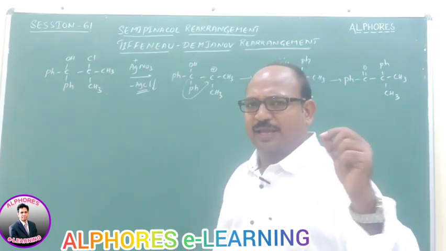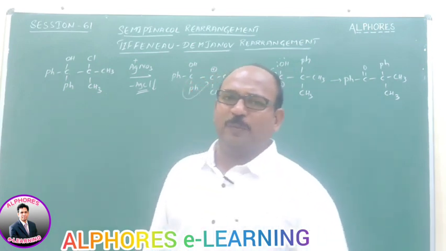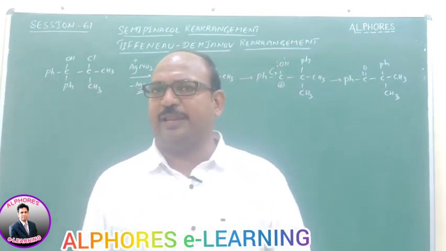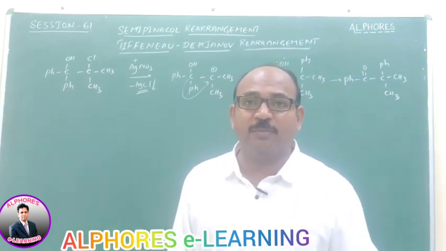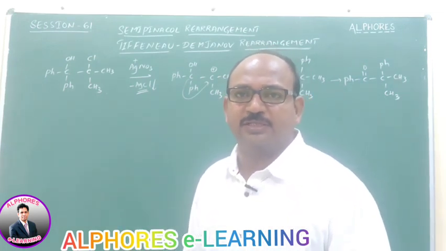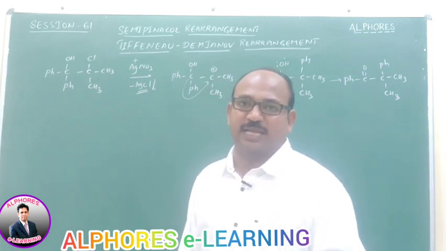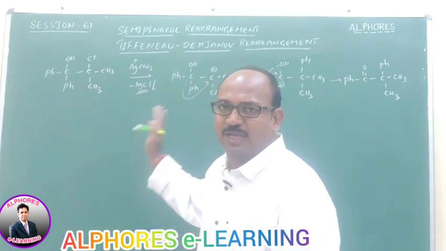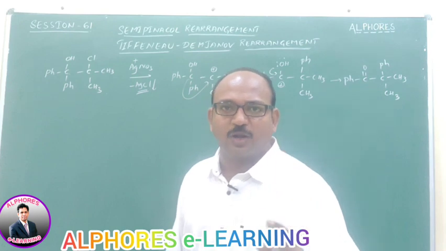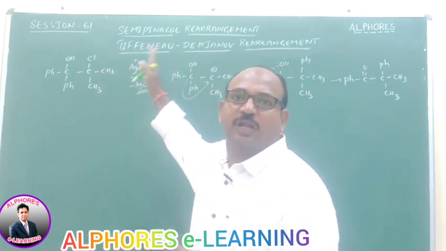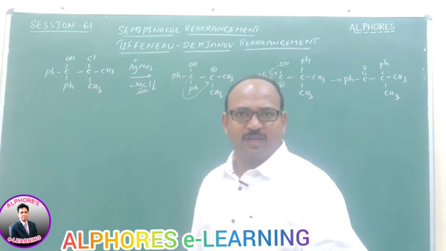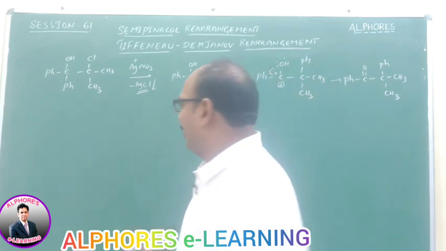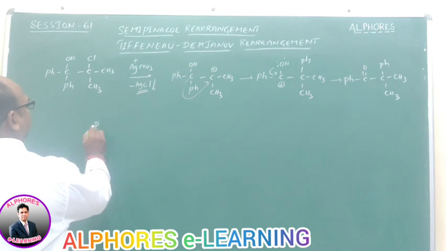Now, if I am going to perform the pinacol rearrangement using two substrates, I am not discussing the Demjanov rearrangement. I am asking about the pinacol rearrangement using two substrates. Have a look here, the two substrates are there.